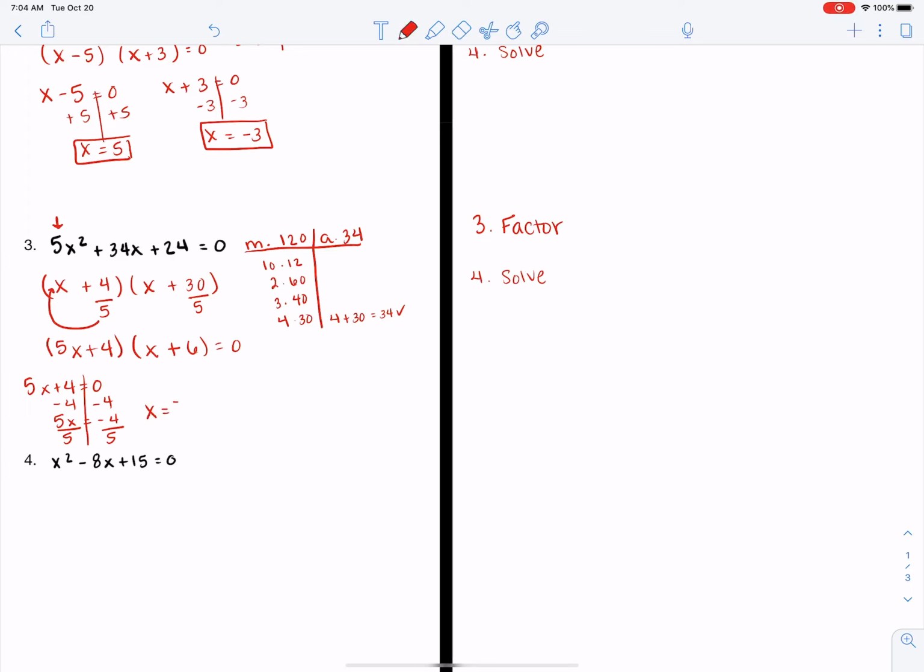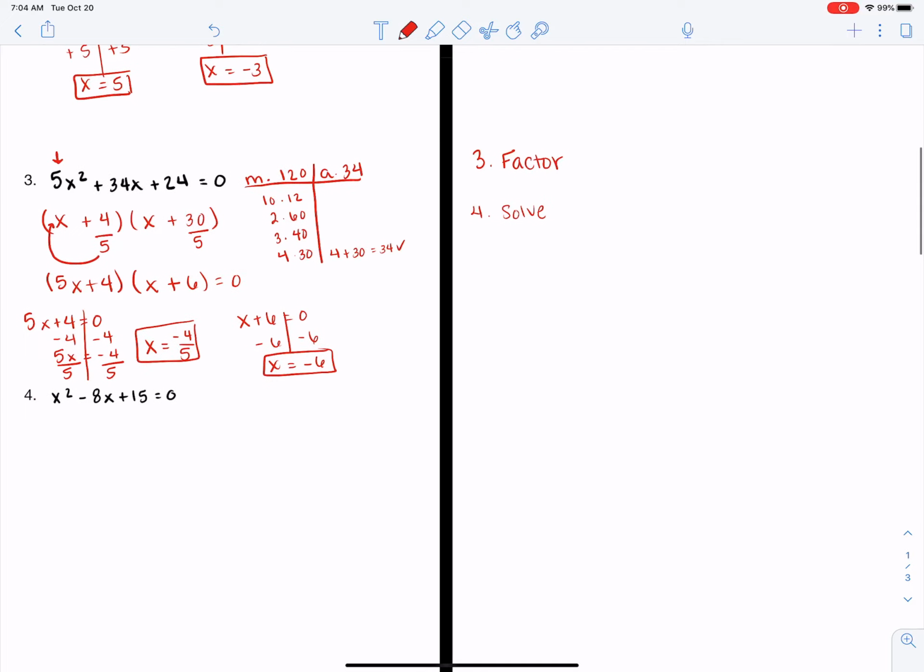X equals negative 4 over 5. The second answer, x plus 6 equals 0, minus 6, x equals negative 6. So your two solutions, the two x-intercepts that you would find on the graph, are where x equals negative 4/5 and x equals negative 6.